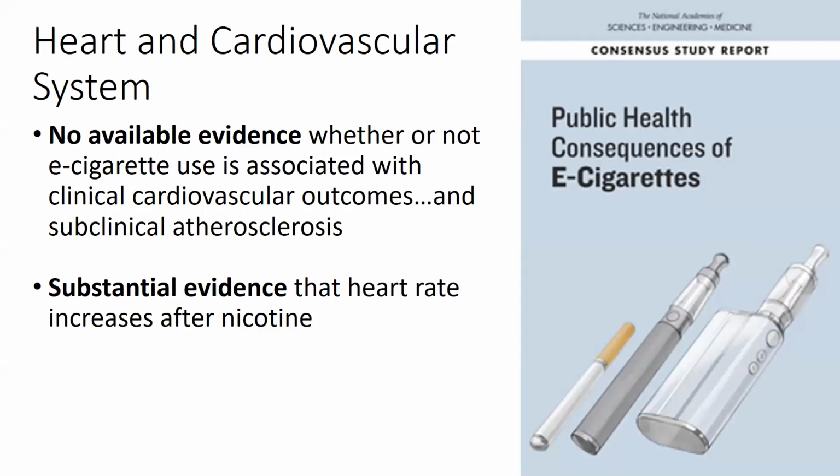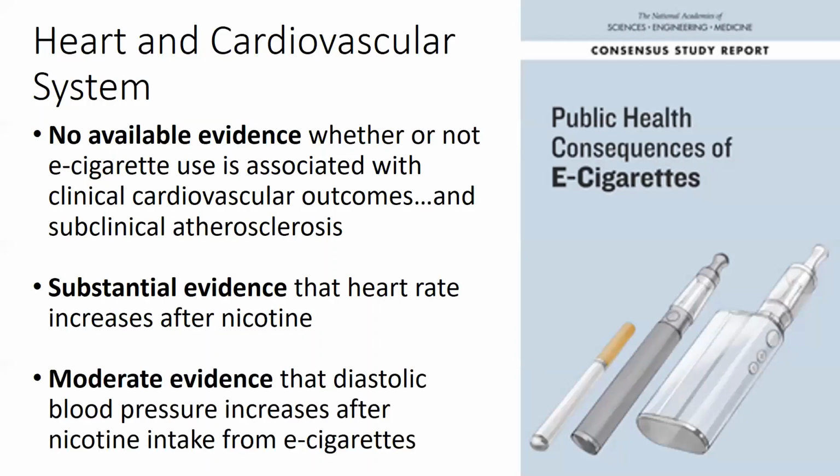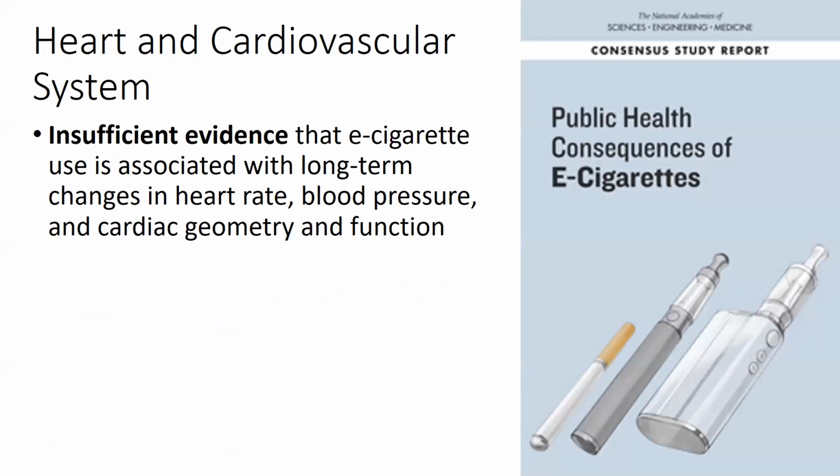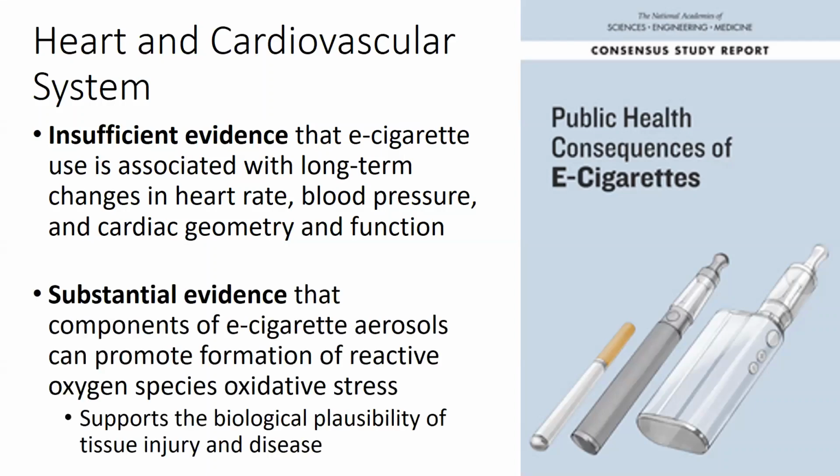There is substantial evidence that heart rate increased after nicotine, which we expect because of the sympathetic nervous system activation of nicotine. And then there's moderate evidence that diastolic blood pressure increases after nicotine intake from e-cigarettes. We found insufficient evidence that e-cigarette use is associated with long-term changes in heart rate, blood pressure, and cardiac geometry and function.